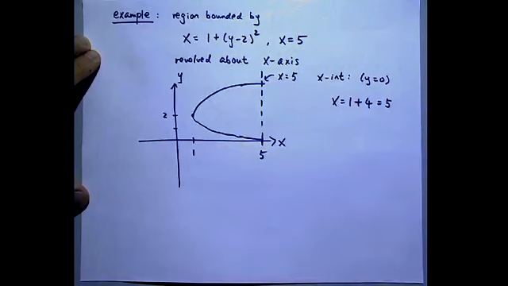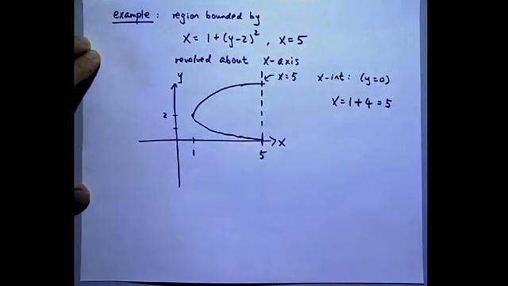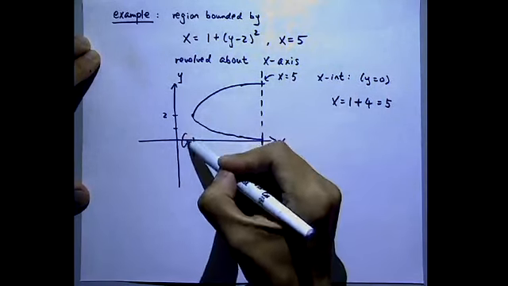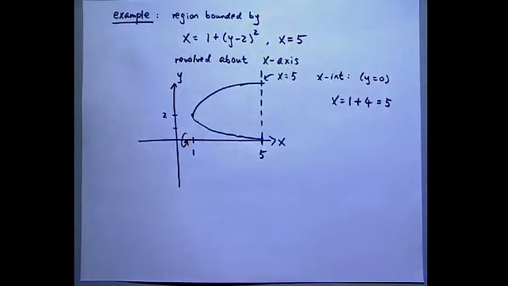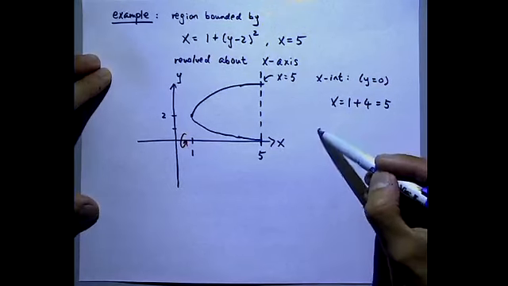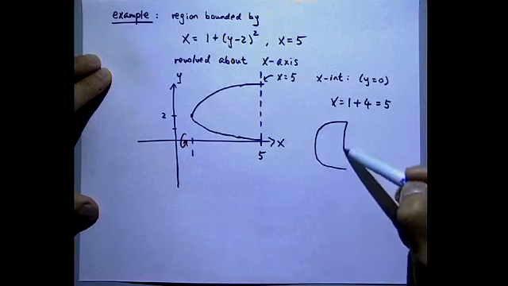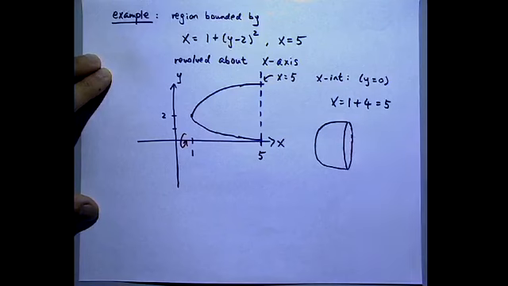Now we're taking this region to go about the x-axis. So we're going to revolve this parabolic shape around the x-axis. All right, let me attempt to sketch the final solid we get out of it. Well, the outer shape is easy to sketch.